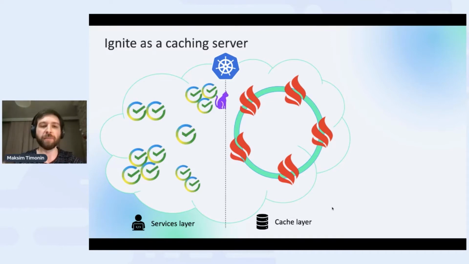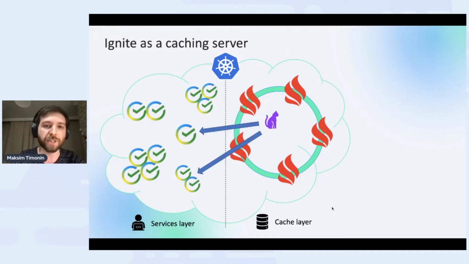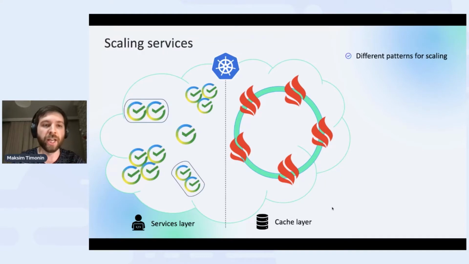For example, a service has some data and wants to put it into the cluster, and other services want to fetch the data and use it in some way. Or the same service that put the data into the Ignite cluster can store some state with it, which it will fetch again to restore the state for other operations. So it's pretty simple.